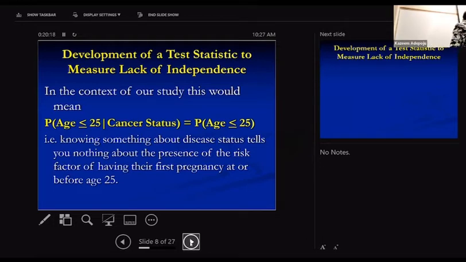Now, early pregnancy, depending on what? Cancer status. If it is equal to the probability of age less than or equal to 25, then it means age less than or equal to 25 does not depend on cancer status. Because of that, we're going to say the two variables are independent. And this is the interpretation here. Knowing something about the disease status does not tell us anything about the presence of the risk factor, having their first pregnancy at or before age 25.